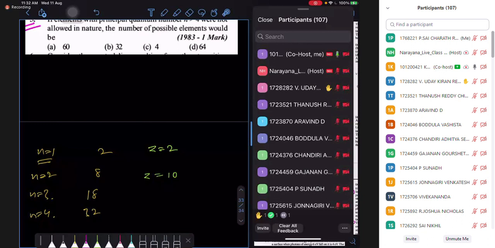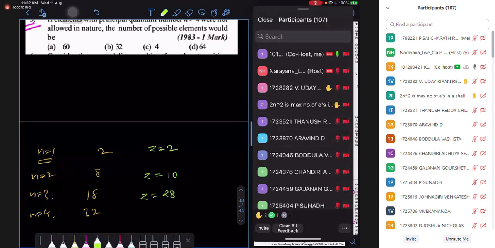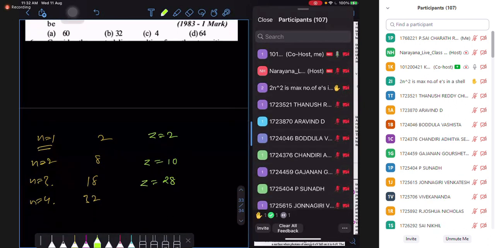Then for n equal to 3, the total number of electrons is going to be 2 plus 8 plus 18, that is 28. And for neutrality, my Z will be 28. And for n equal to 4, the total number is going to be 60. So the Z value is going to be 60.